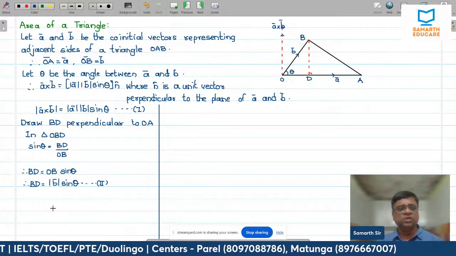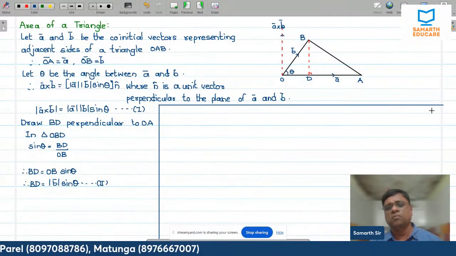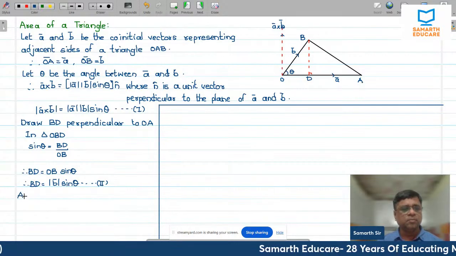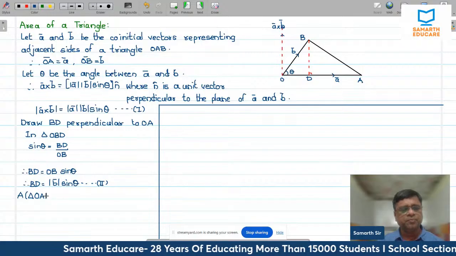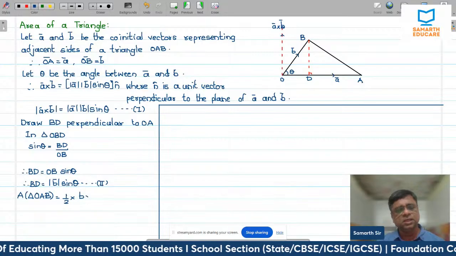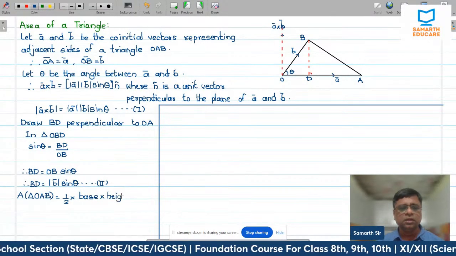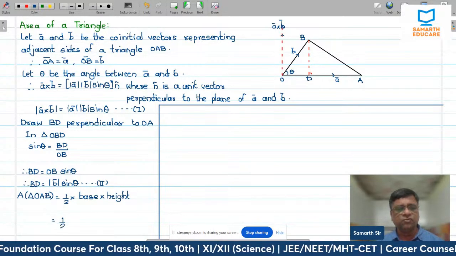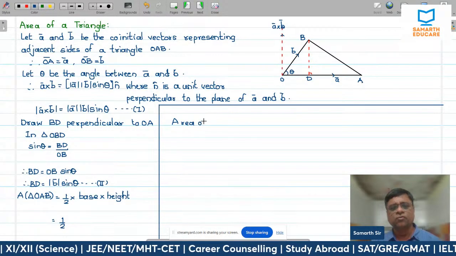Now, let's begin with the area of triangle. What is the area of triangle OAB? It is half into base into height. This is what we have been learning since our childhood, right? Half into base into height. I'll write here area of triangle.